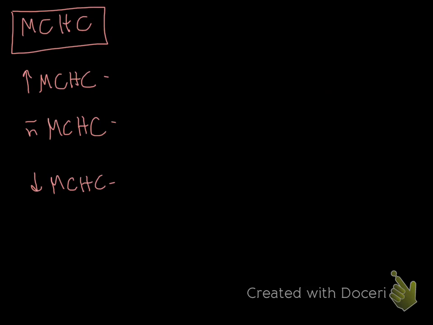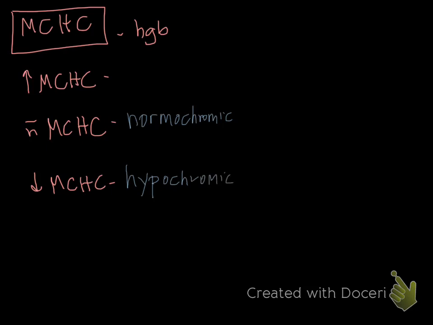All right, again, MCHC has everything to do with the amount of hemoglobin in all of the red cells, what the average is. I'm going to skip increased MCHC for a second, but normal MCHC is normochromic. Decreased MCHC is hypochromic. And the problem with increased MCHC is you can't have extra hemoglobin within the cell.